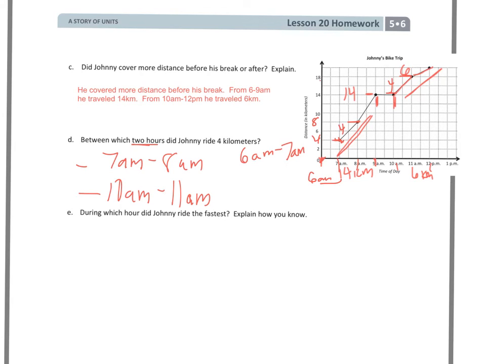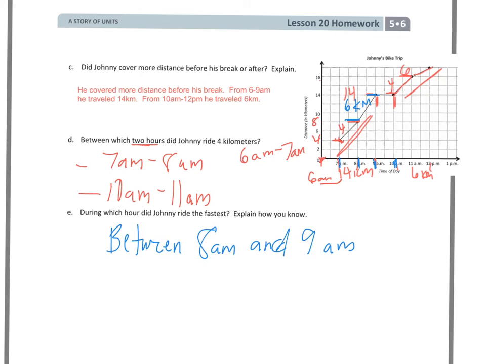So for E, it says, during which hour did Johnny ride the fastest? So the way that I want to determine this is look at each hour and find out where he traveled the furthest distance. And I can see it's between 8 and 9, and I'll write that down, between 8 a.m. and 9 a.m. because he traveled 6 kilometers.